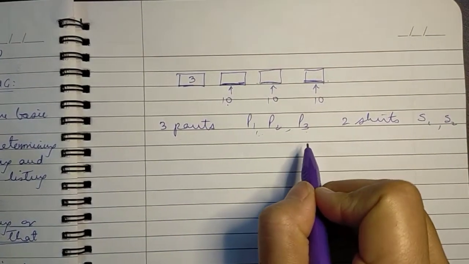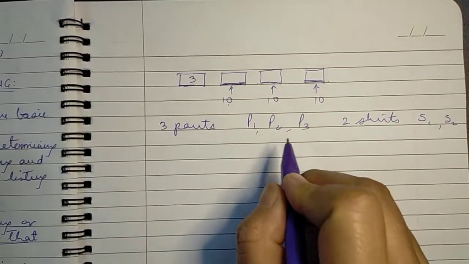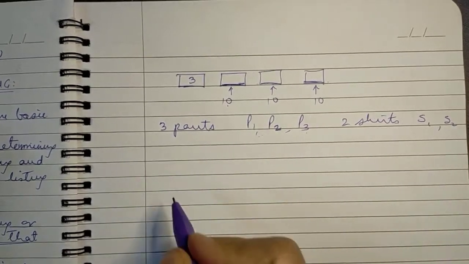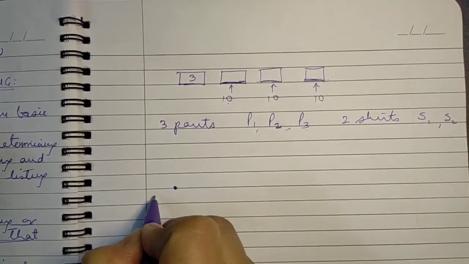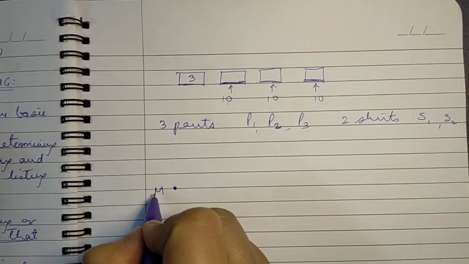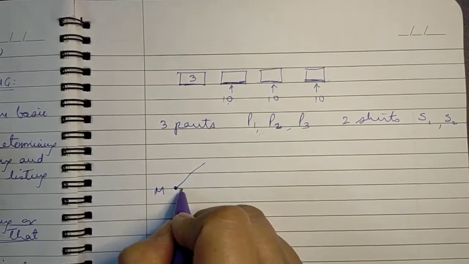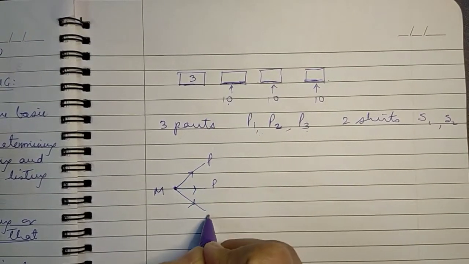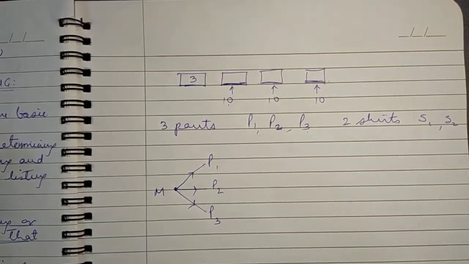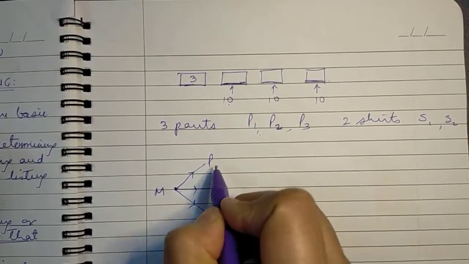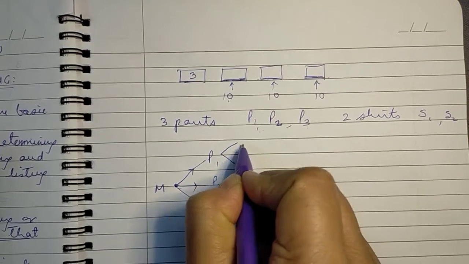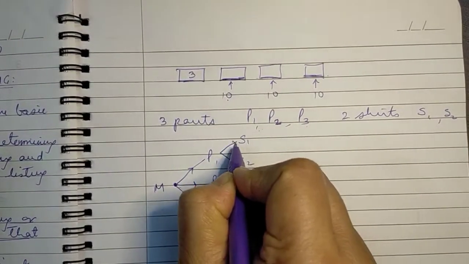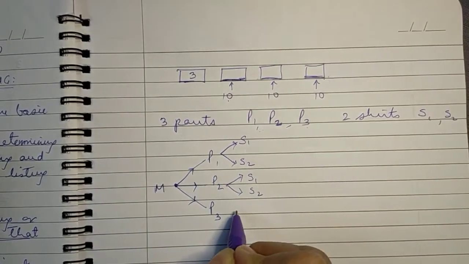In how many different ways can he dress up himself? He can choose any of the 3 trousers, P1, P2, P3. After selecting a trouser, he has 2 options available with every trouser, and he can use either S1 or S2.